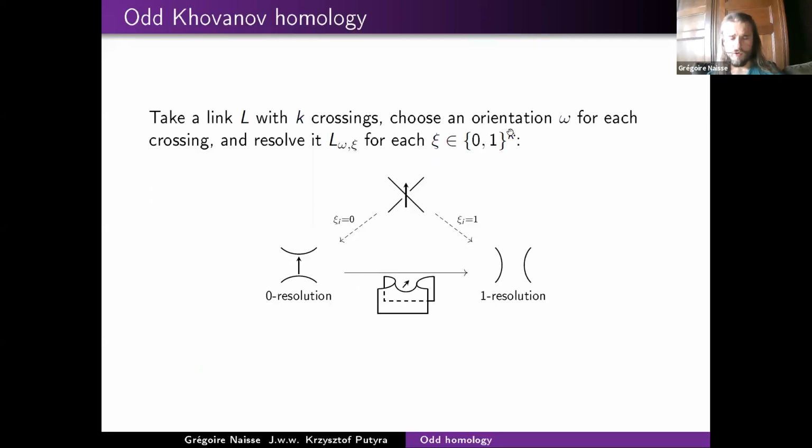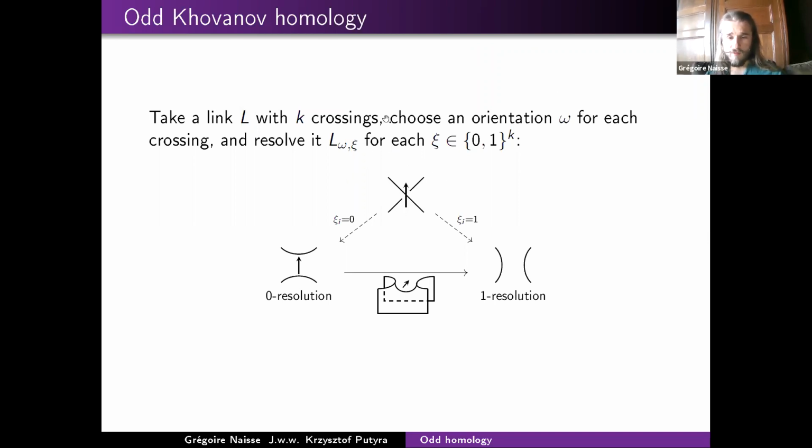Okay, so now that we have all the tools we need, we can go and try to construct odd Khovanov homology. So again, you start with some link L having k crossings. And now the new thing is you choose an orientation for each of these crossings. So you just put an arrow that can go in this direction or the other.